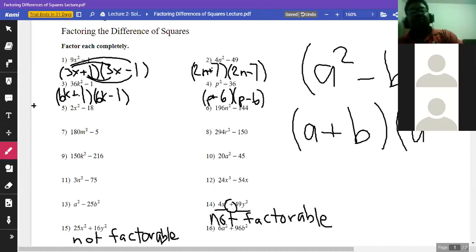Number 5. So if you notice, neither 2x squared nor 18 are perfect squares, right? I can't easily take the square root of either of those things and get something with a whole number or a whole number and a variable back. Notice though that with 2x squared and negative 18, I can factor something out. I can take something out of both of those terms. What is it?